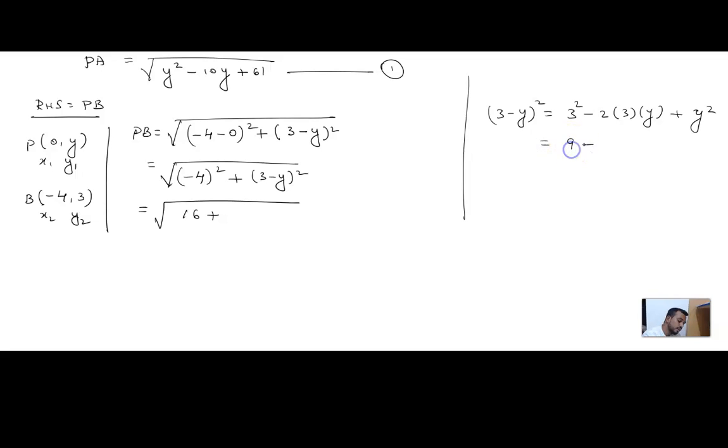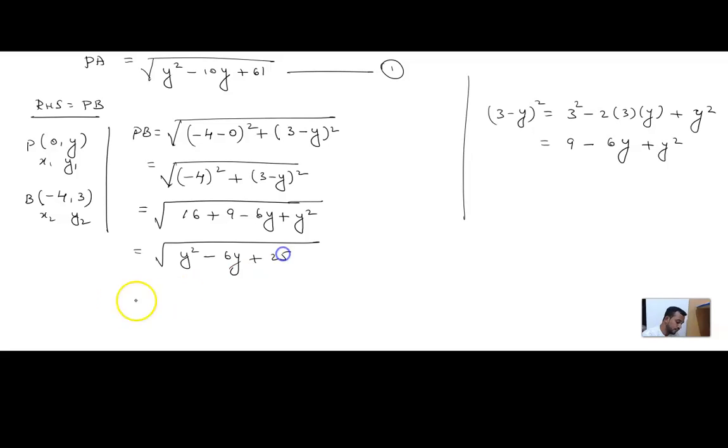That is 3 square is 9, minus 3 2s are 6y, plus y square. So 9 minus 6y plus y square. Now root of y square minus 6y, 16 plus 9. How much, children? That is plus 25.